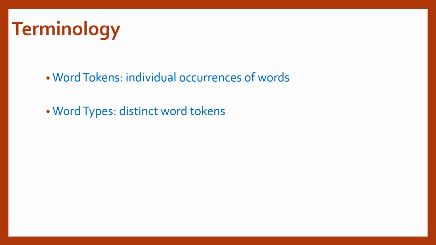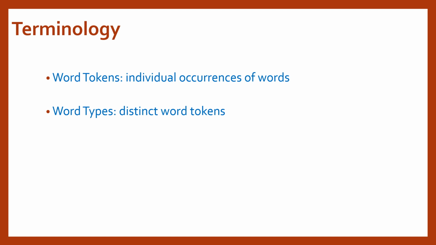When we talk about tokens, we consider each occurrence as a distinct unit. And types are the classes of tokens having the same character sequence.